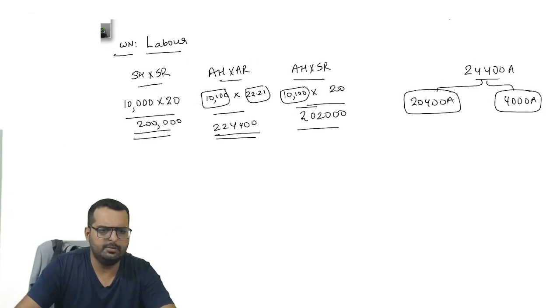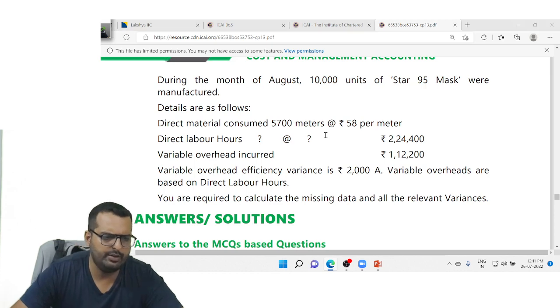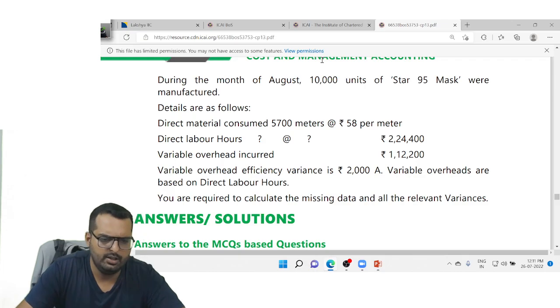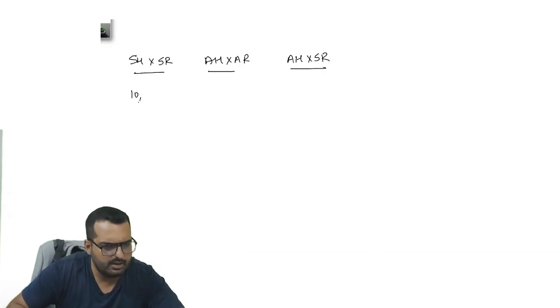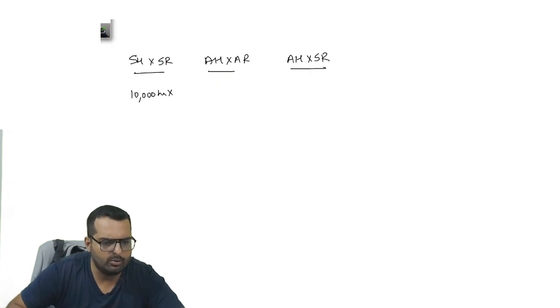Done writing this now? All right. Same way we have to do it for variable overhead also. Friends, I have told you for variable overhead and labor, the SH and AH will be the same. Am I right? So SH is turning out to be how much? 10,000 into 1 hour will be again 10,000 hours, into SR of 10 rupees per hour.